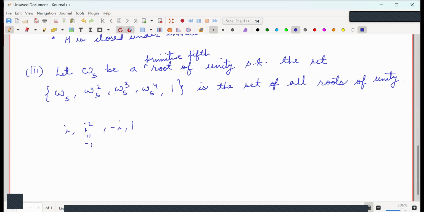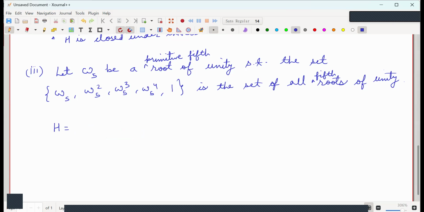This will be the complete list of fourth roots of unity, right? Do you understand? So similarly, we can talk about the fifth roots of unity, and omega 5 is the primitive fifth root of unity.